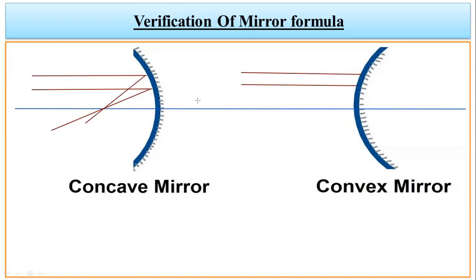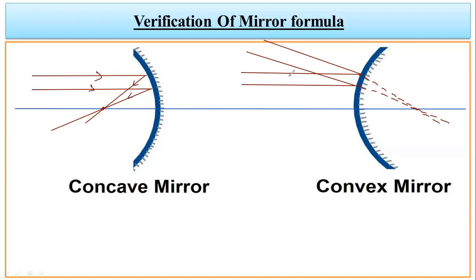Over here, like this. For the convex, it will be like this. And when we produce this light ray, it is going to intersect at the focus. Over here, it is going to intersect at the focus, and here it is actually intersecting at the focus.